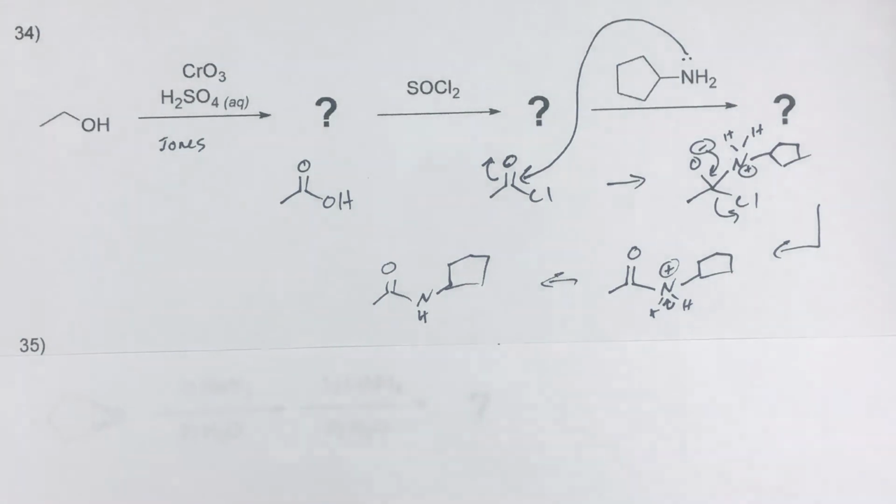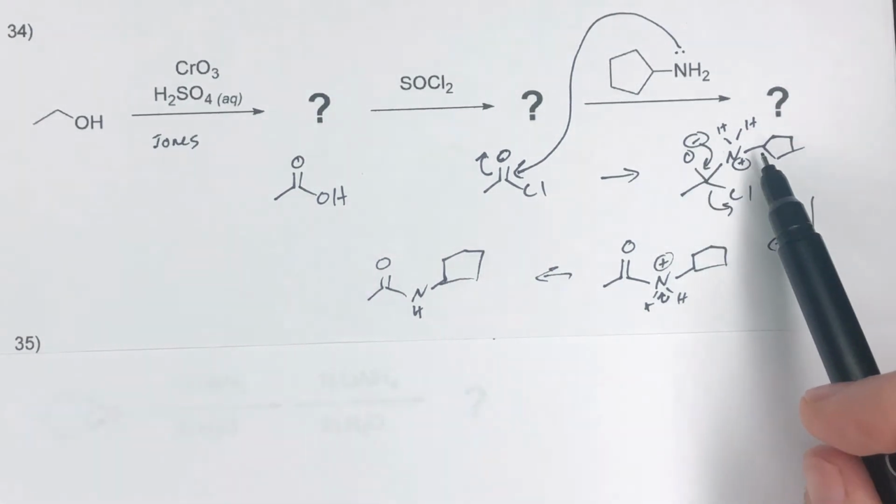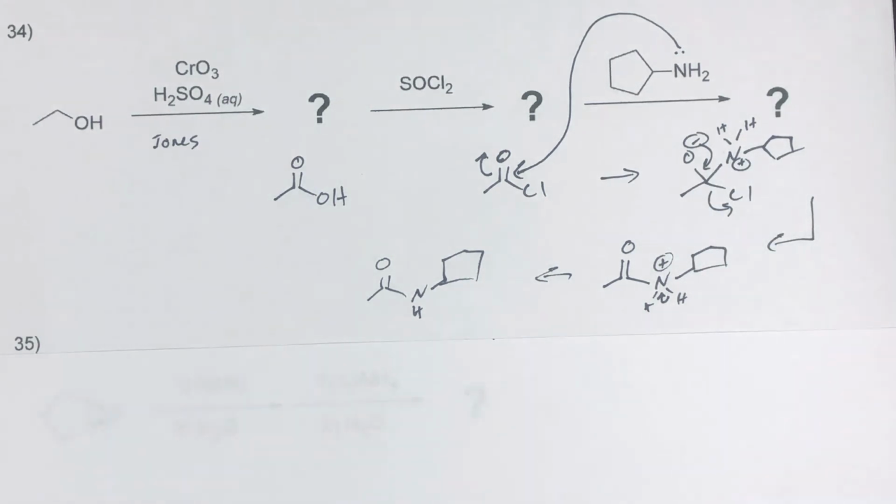Most professors usually don't care, but the reason I mention it here is because the oxygen and nitrogen are so close to each other, it's very possible that intramolecular transfer is going to occur faster than any of this stuff that I'm showing here. But nevertheless, you get the amide as your final product, that secondary amide.